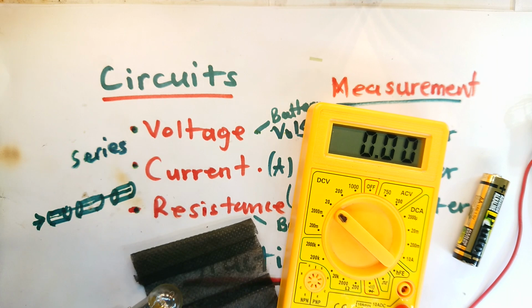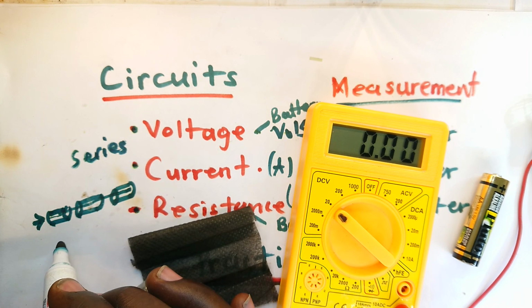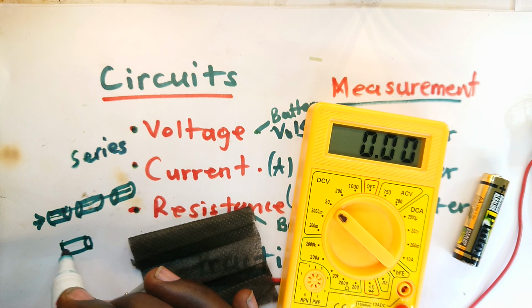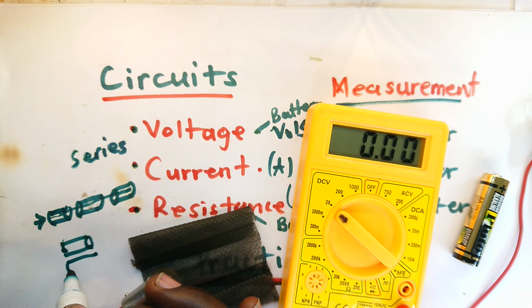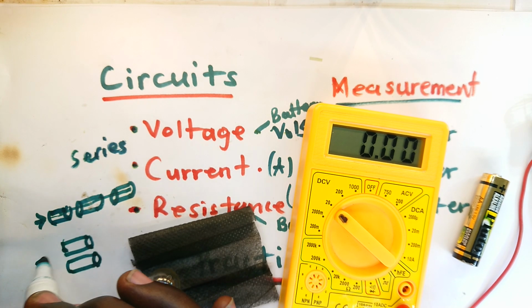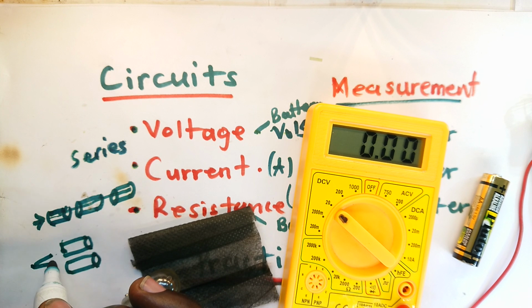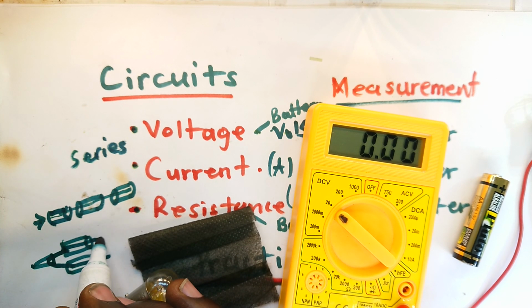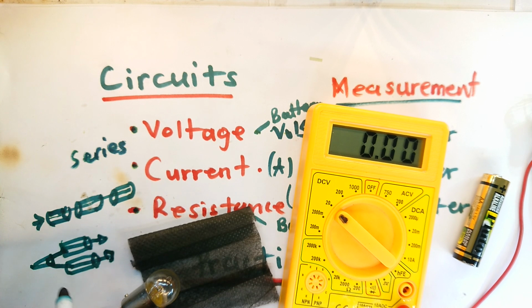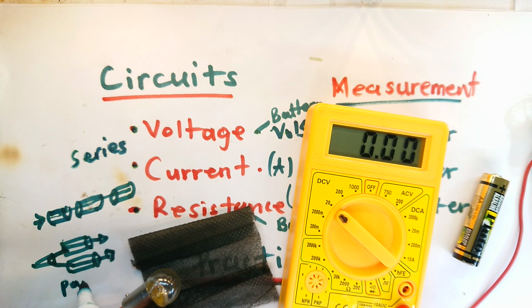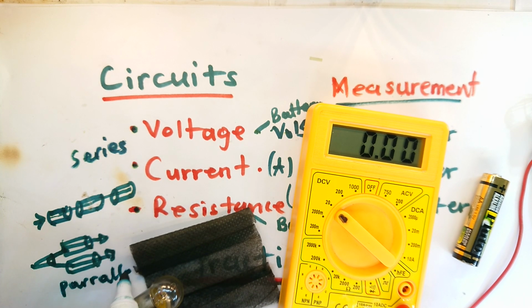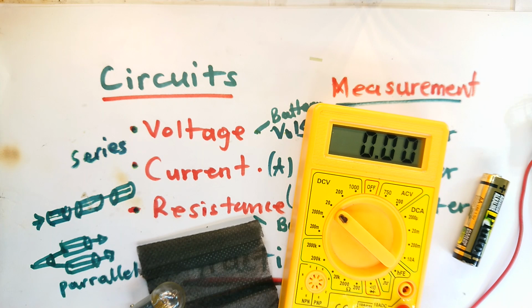So these are in series. But if I had a pipe here and a pipe next to this one, and I supplied water from this end, it will both pass through this and come out at the same time. This is parallel, to be side by side. So that will help us in the concept of connections.